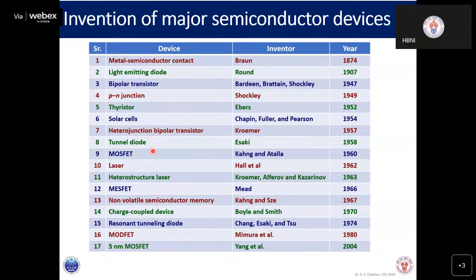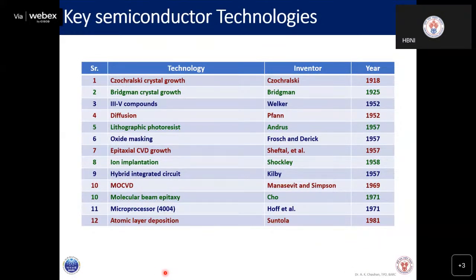Based on those, heterojunction bipolar transistors, tunnel diode, MOSFET, laser, heterostructure lasers, MESFETs, non-volatile semiconductor memories, charge coupled devices, and so on. And now, in 2004, the MOSFET channel length is as low as 5 nanometers. And these are key semiconductor technologies.